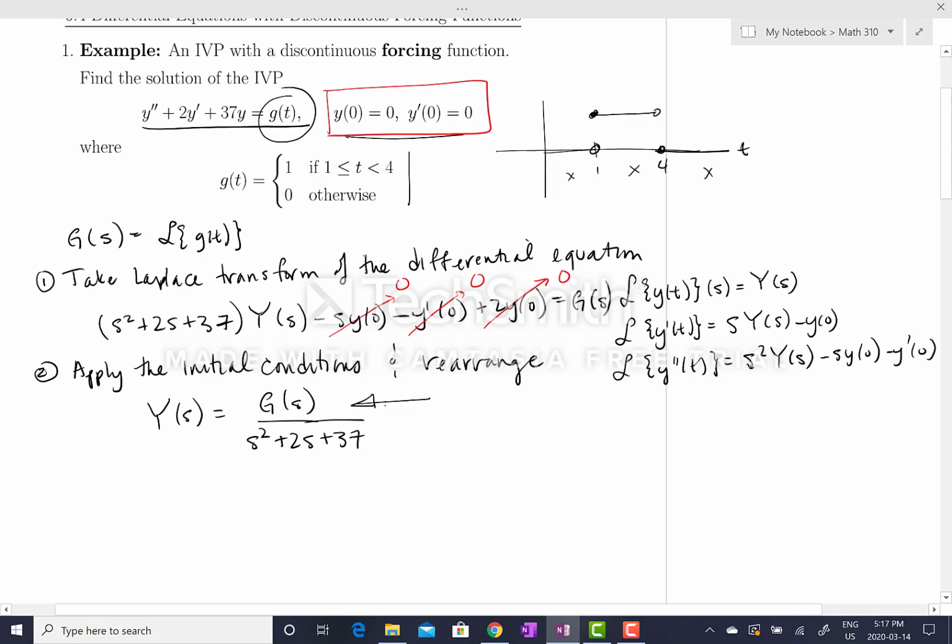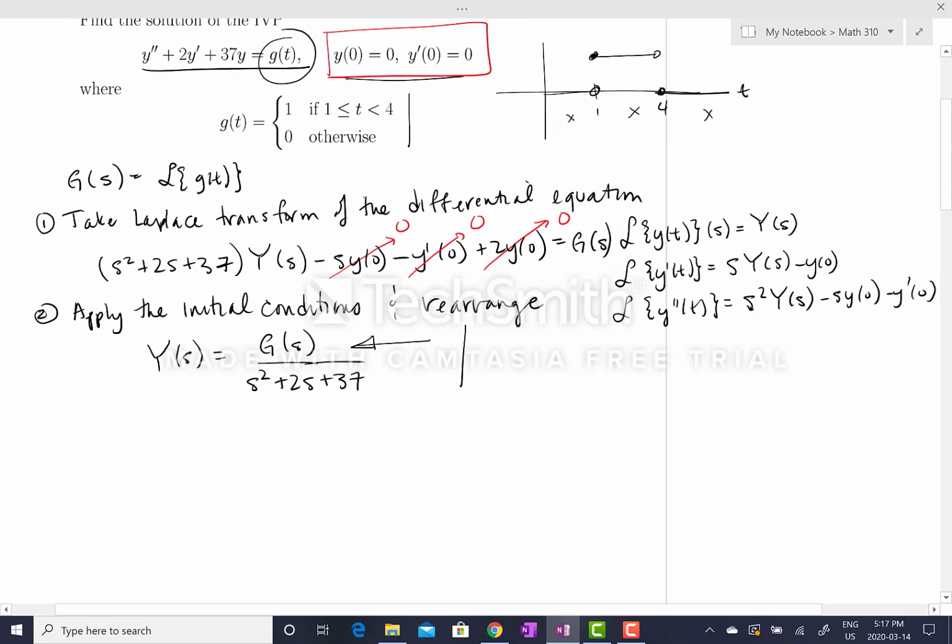This statement is true for every differential equation y double prime plus 2y prime plus 37y equals g of t, regardless of what g of t is. So now I'm going to determine capital G of s, which is the Laplace transform of g of t.